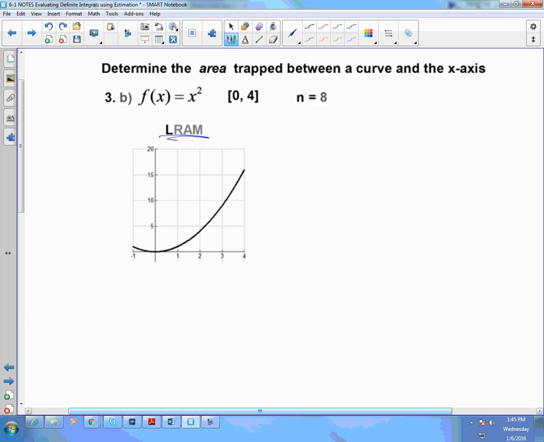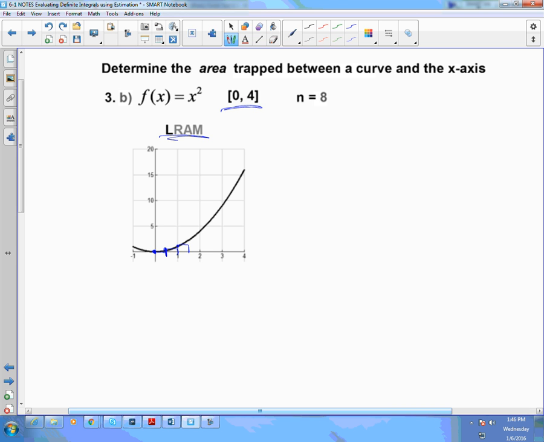So, 0 to 4, and we need 8 rectangles. So how wide should our rectangles be? Half. Okay, so 0.5. So our left rectangle has to start at the curve, which looks like it's got to be zero, right? So it's flat. Then at 0.5, we finally hit a little bit of height. And then at 1, a little more height.